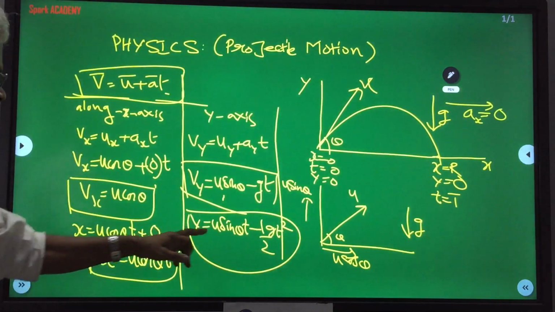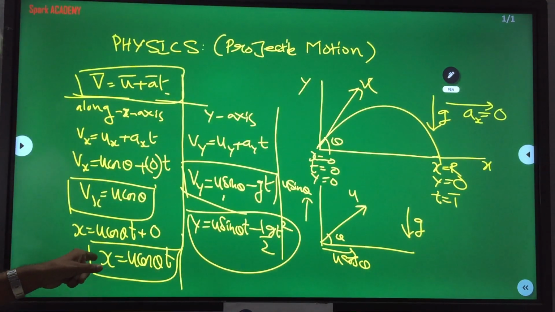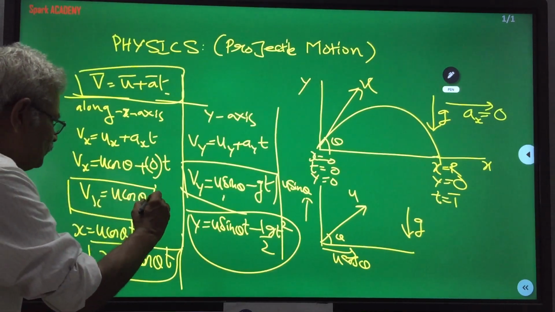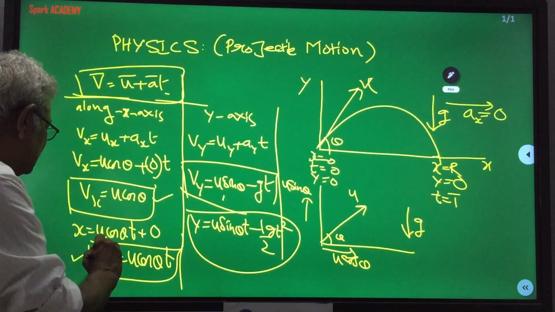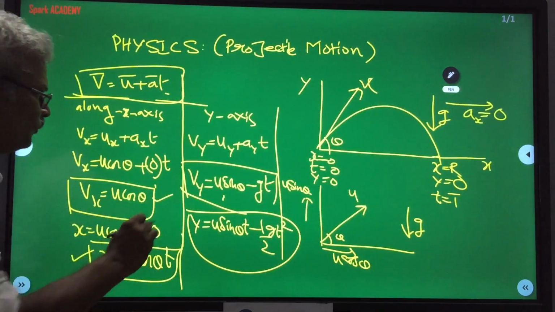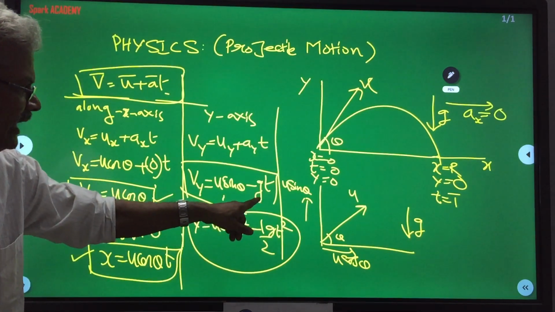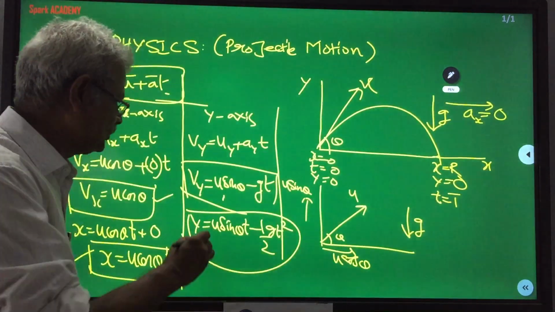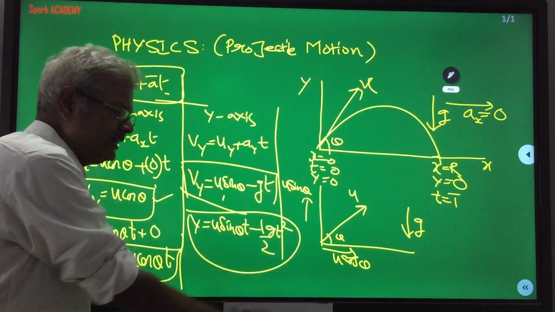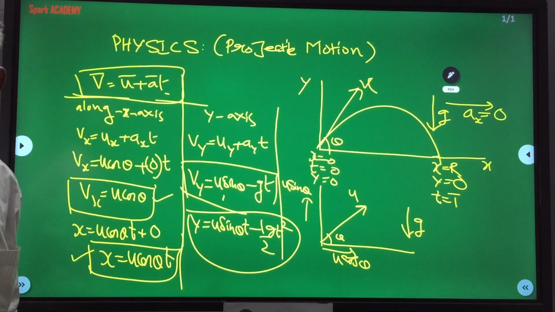Understood? So that means here, these are the two formulas along the x-axis, these are along the y-axis. Remember, along the y-axis means gravity is there. So u sin theta upwards, gravity downwards, therefore this minus.